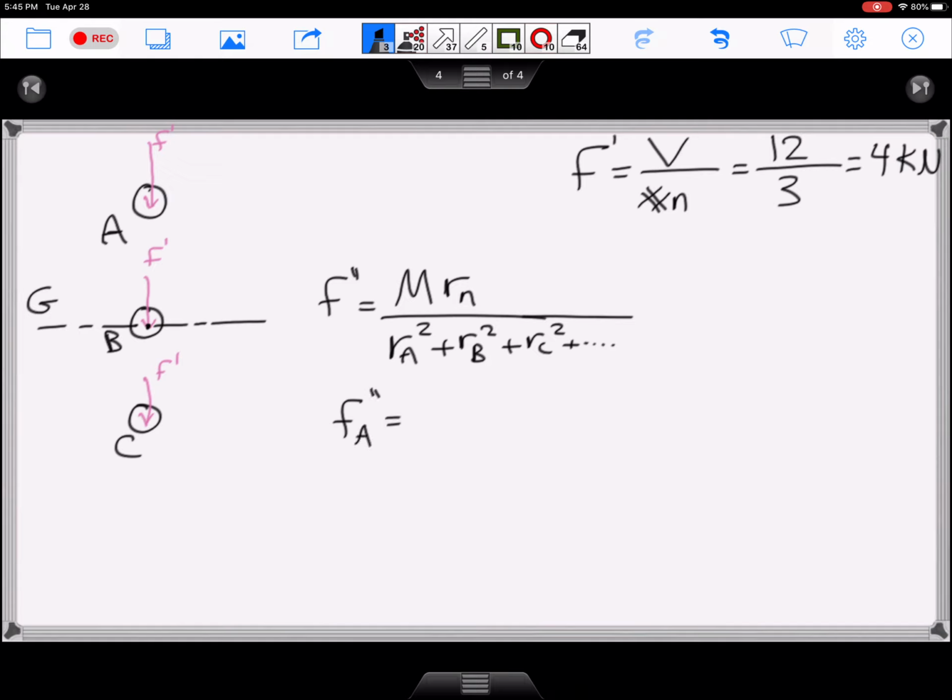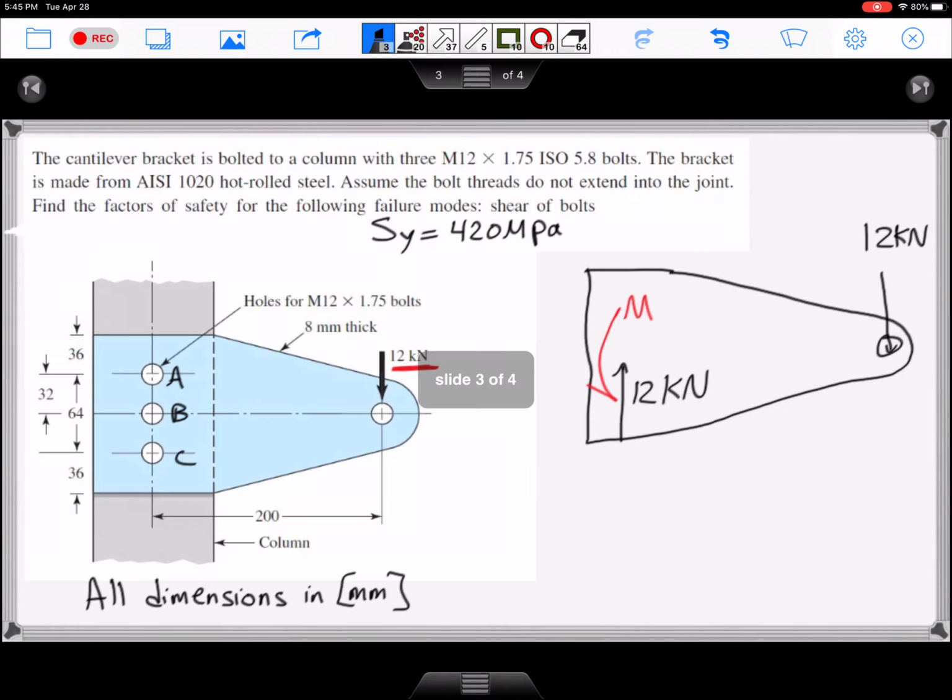and it's going to be equal to the moment times RA over RA squared plus RB squared plus RC squared. We have 3 bolts. And what is the moment? If we look at our free body diagram, the moment is the distance from the centroid of the bolt group to the applied load.